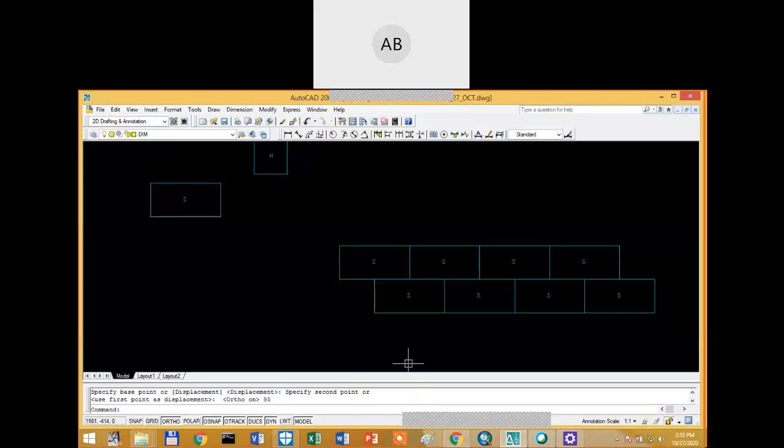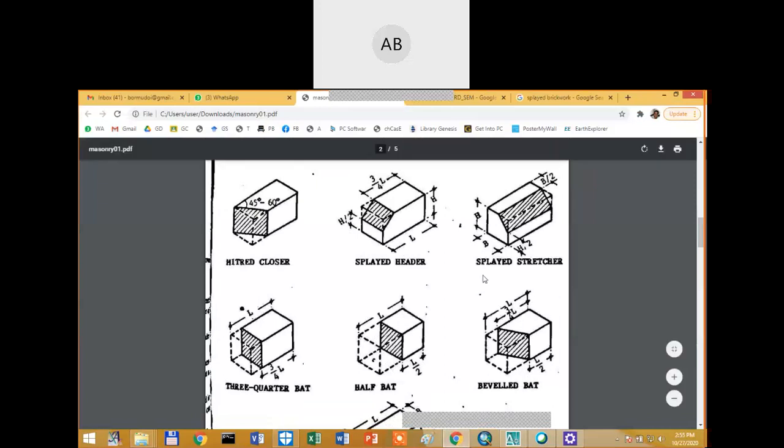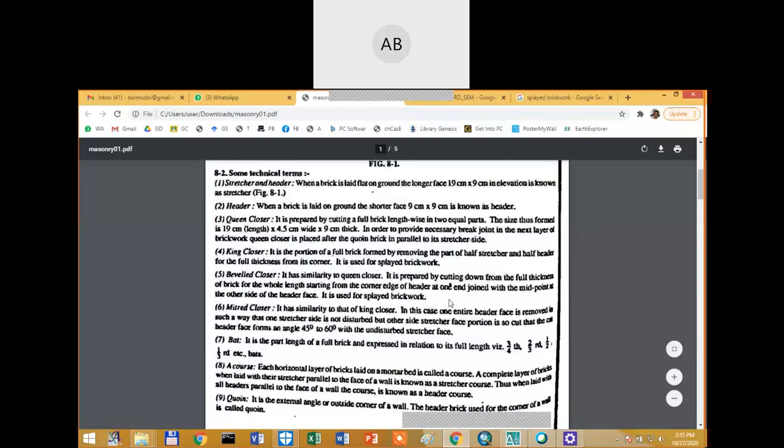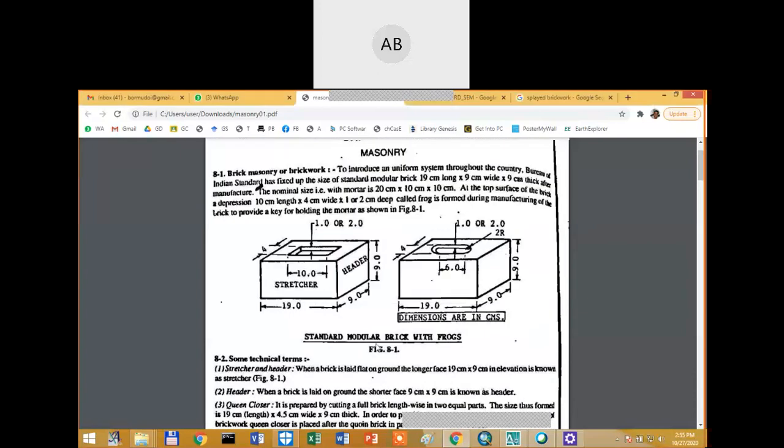Here, look at this, half bed, right? So you have to cut this brick off. In that case, you can form this first brick or first line of brick.